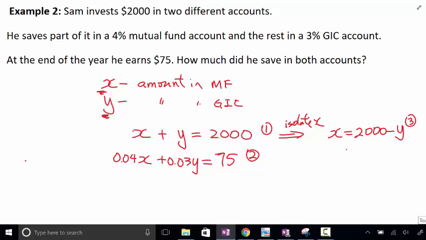I'm isolating x. So I brought the y over. Okay. Now I know the value of x. What is the value of x? 2,000 minus y. Okay. Now let's continue.